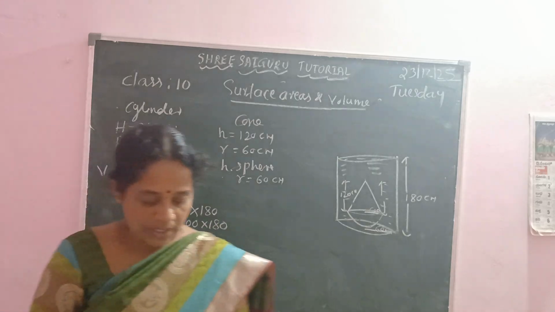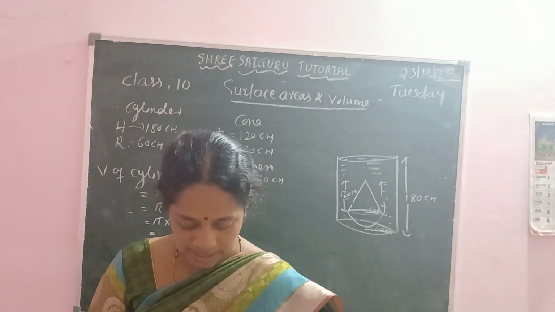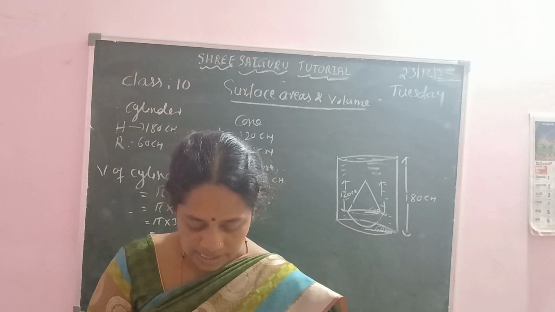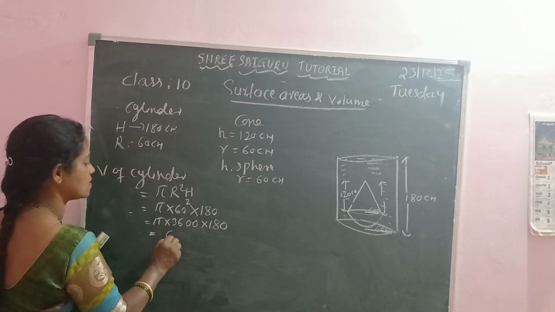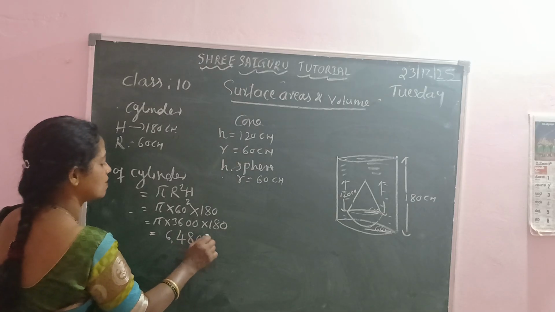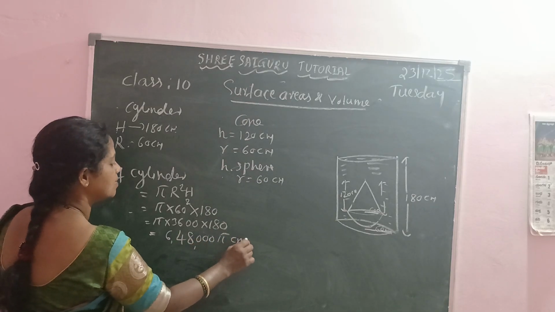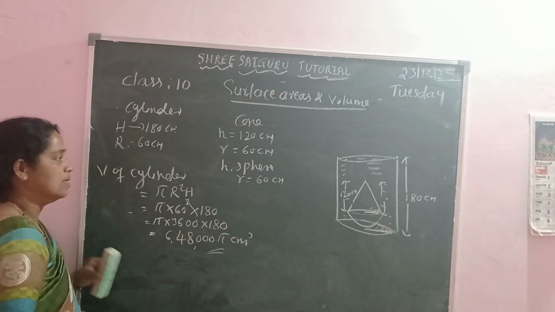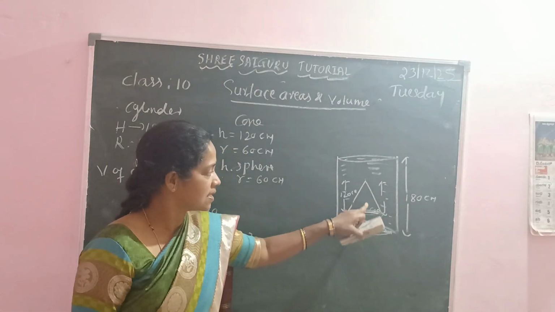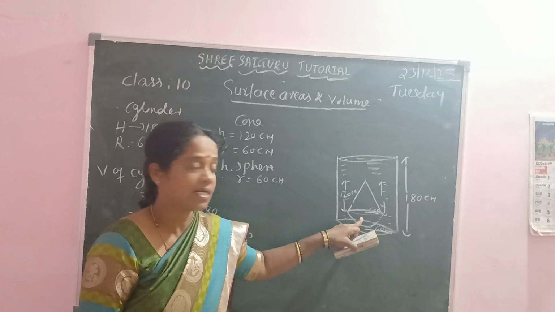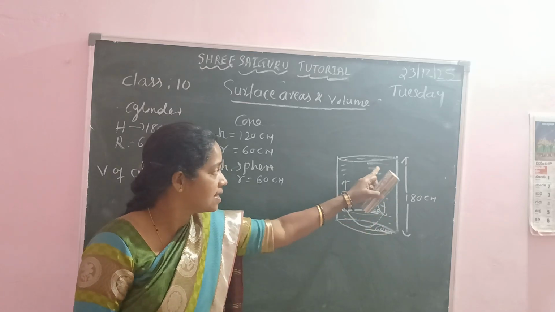So the volume of this cylinder, after the calculation, will be 6,48,000 pi centimeter cube.